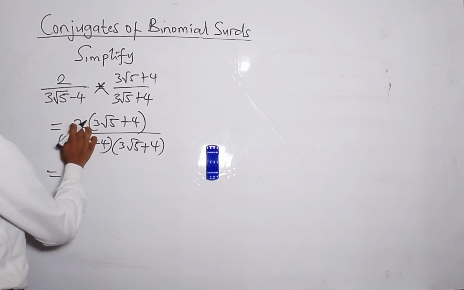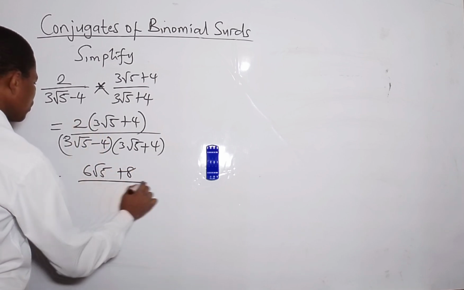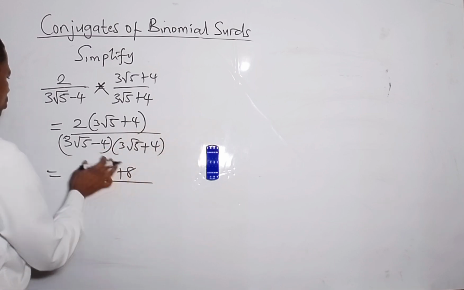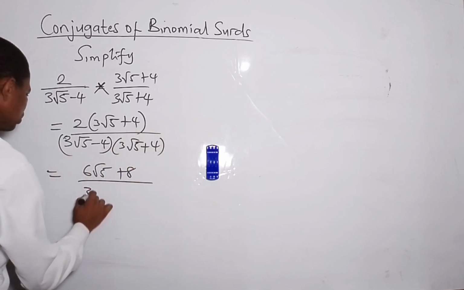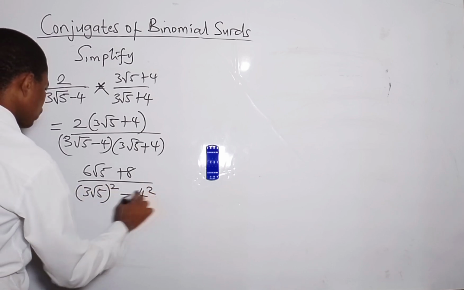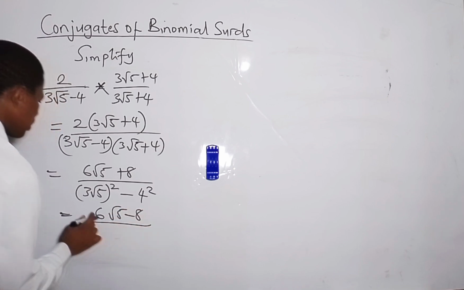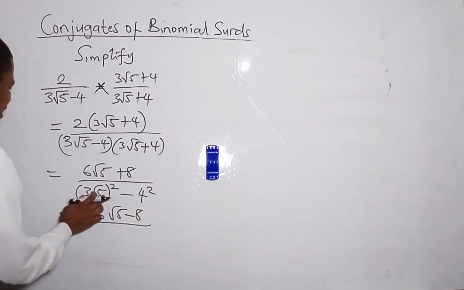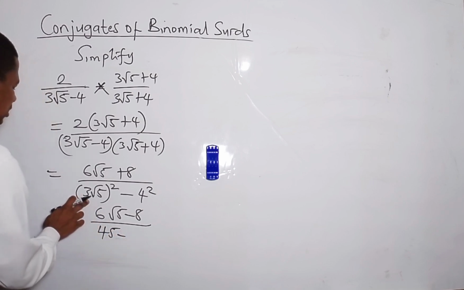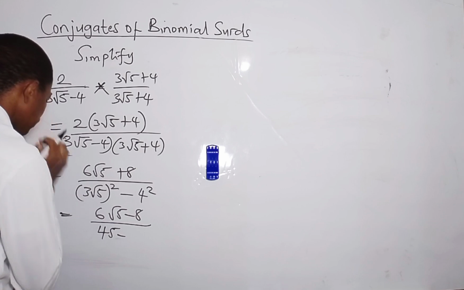So 2 times 3, 6 root 5 plus 8 over, these are conjugate surds, so we just say 3 root 5 squared minus 4 squared. That will give us 6 root 5 plus 8 over 3 times 3, 9. 9 times 5 is 45.